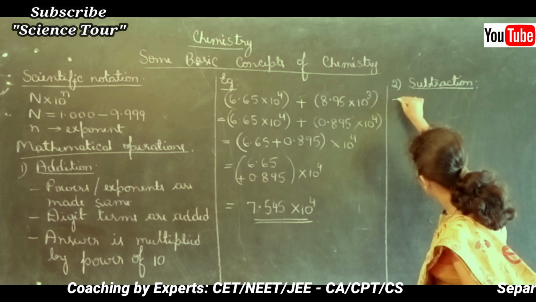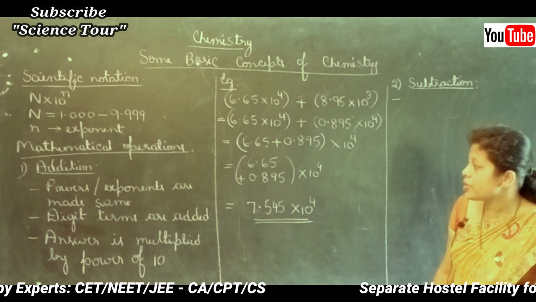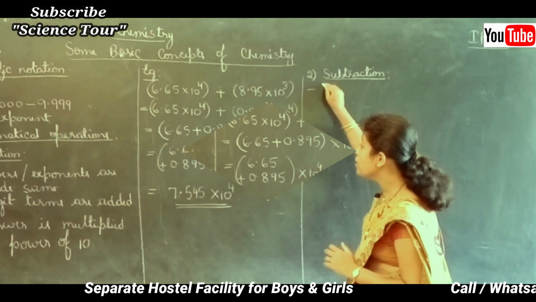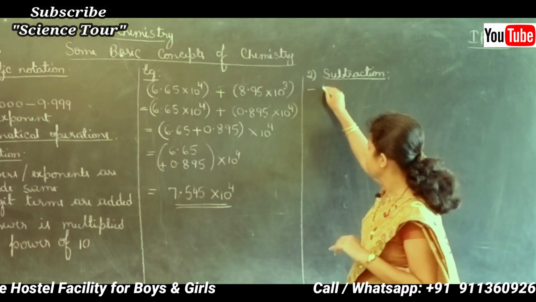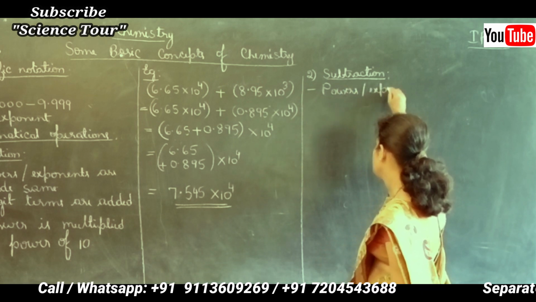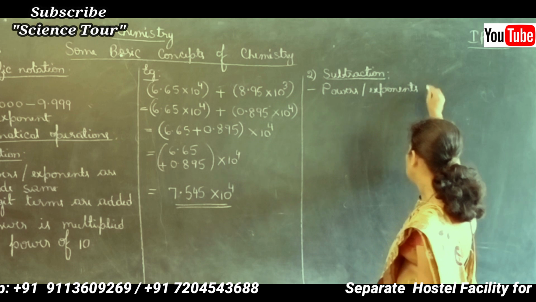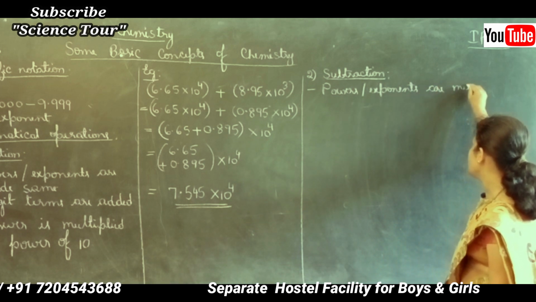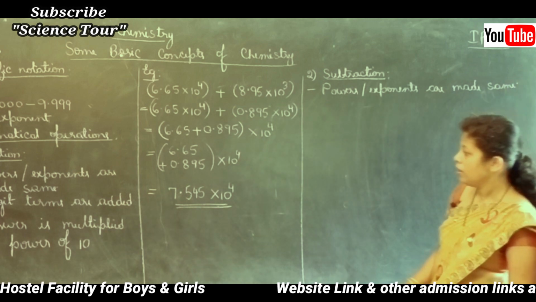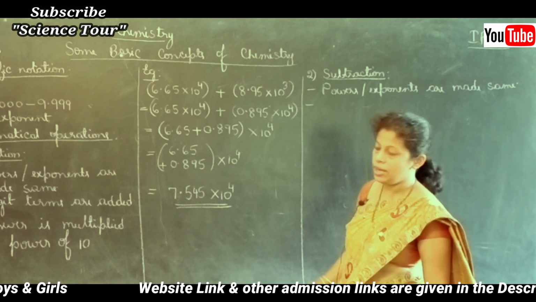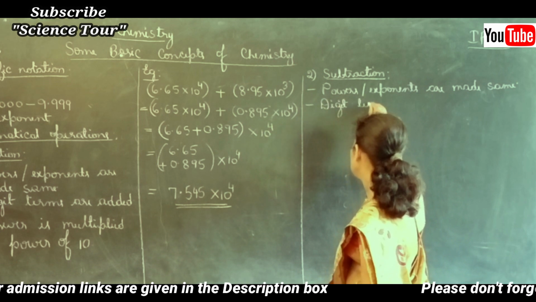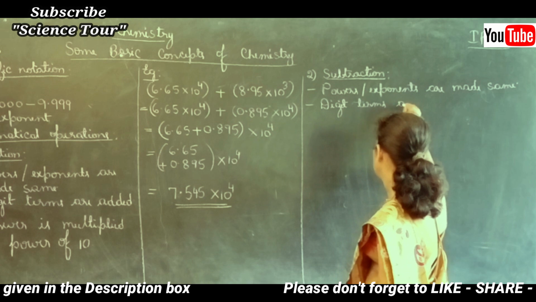Whenever you have to do subtraction, it is done very similar to that of the addition. Here also, if powers are same, then there is no problem. If powers of 10 or exponents are not same, they are made same first. Then once the powers are same, digit terms are subtracted.